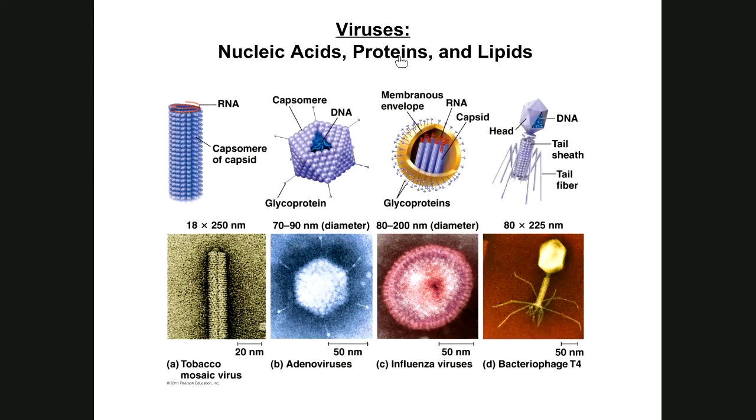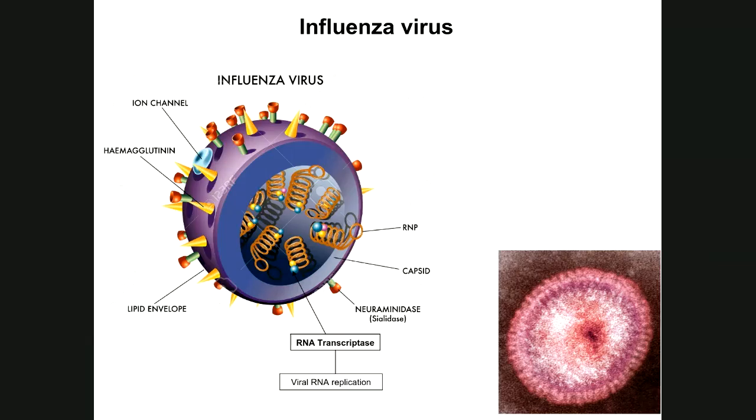Next, we go to the proteins. For the influenza virus, we already said the proteins form a capsid, and the proteins form glycoproteins. The structures that are primarily made up of protein are these 2 that I circled.